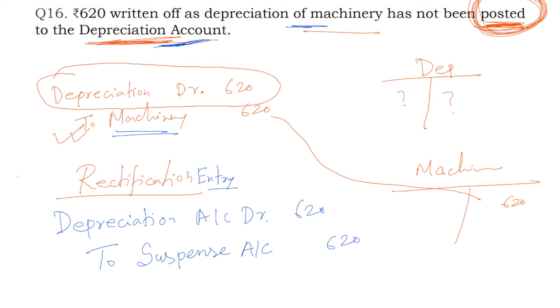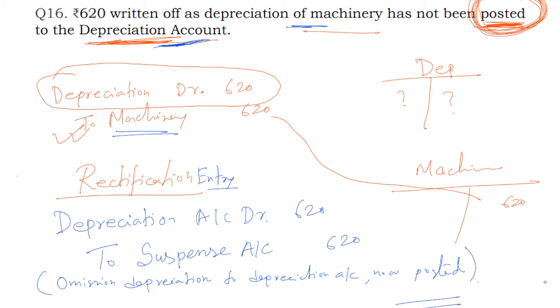Or we can write like this, or you can write omission of depreciation to depreciation account, now posted, like this.